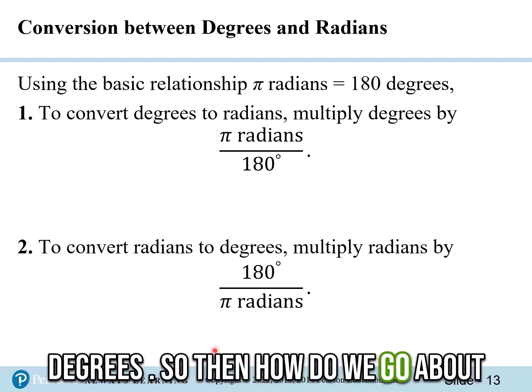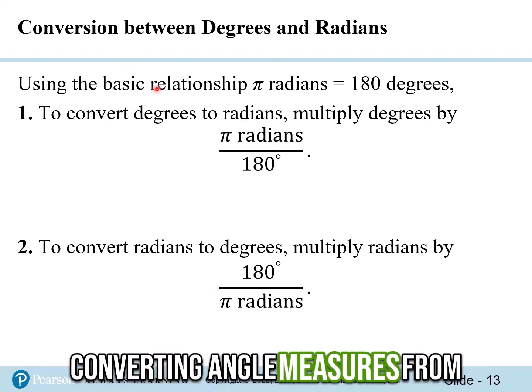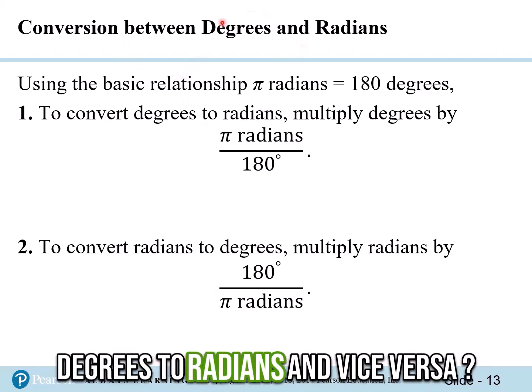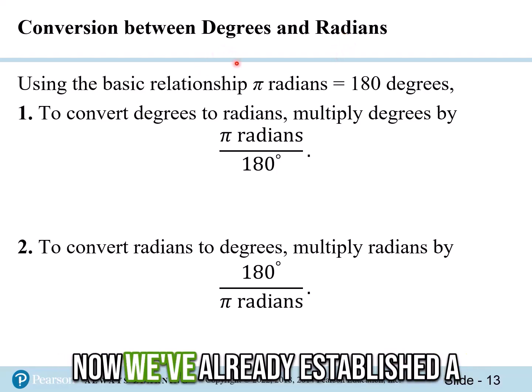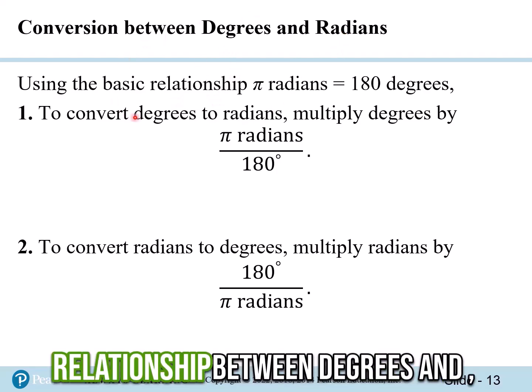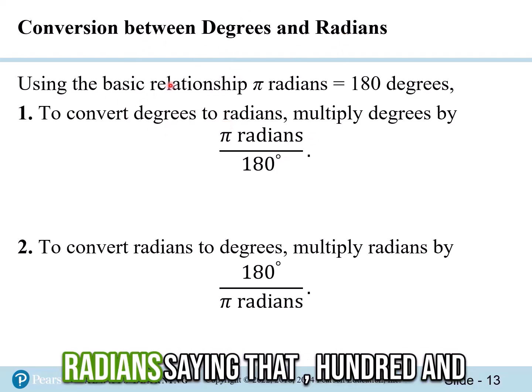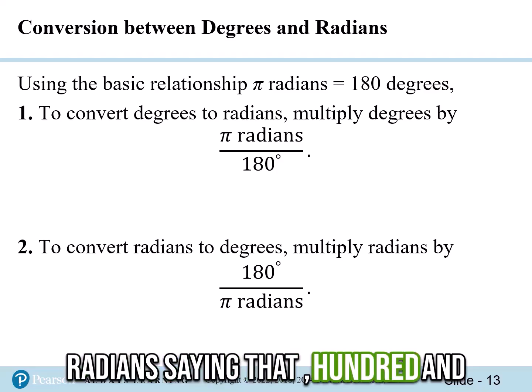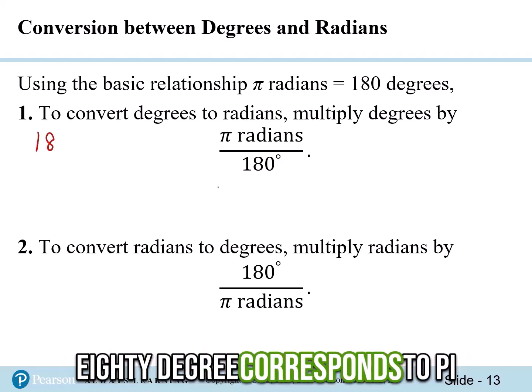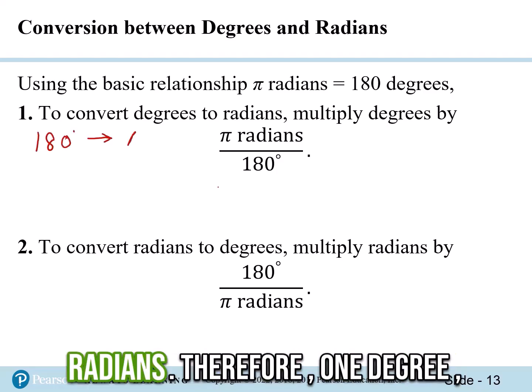So then how do we go about converting angle measures from degrees to radians and vice versa? Now we've already established a relationship between degrees and radians, saying that 180 degrees corresponds to pi radians.